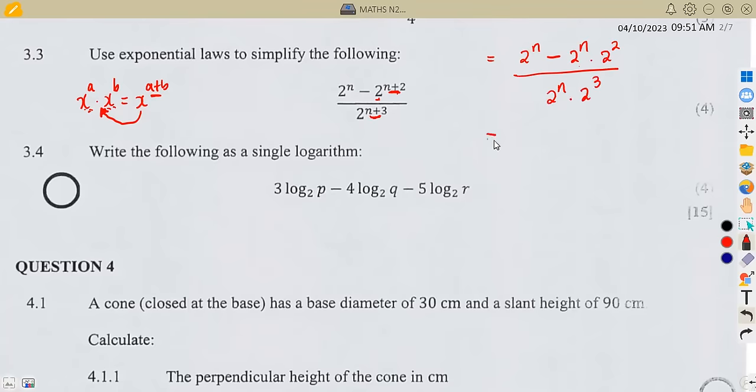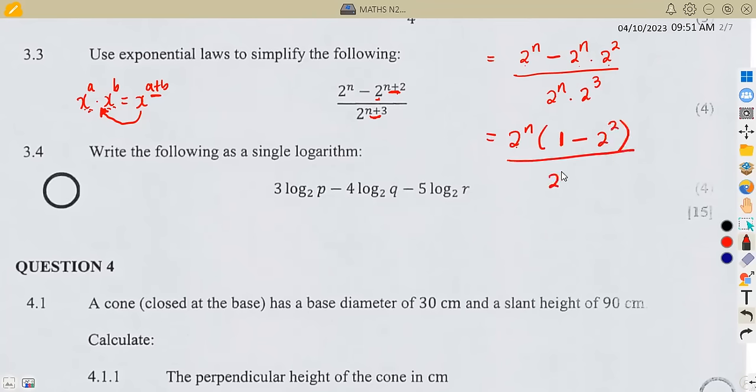We can see that 2 to the exponent of n is now common, so we can factor it out from the numerator. If we divide these two, they cancel. That's a 1 minus 2 to the exponent of 2, and 2 to the exponent of n cancels. We remain with 2 to the exponent of 2.